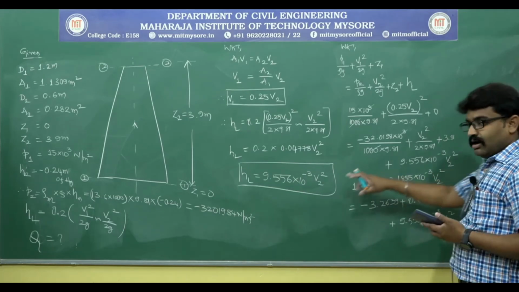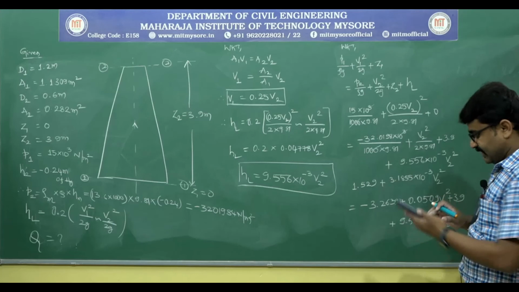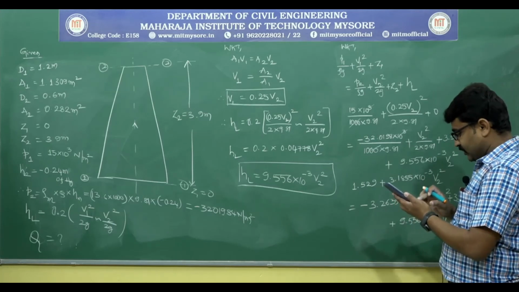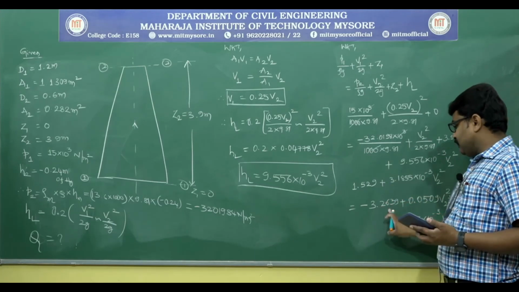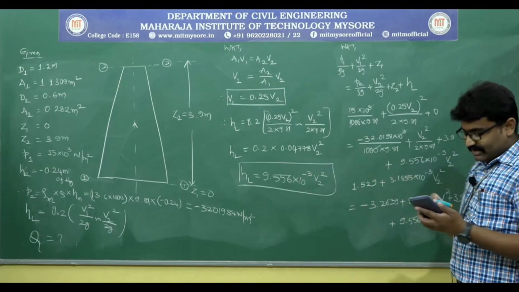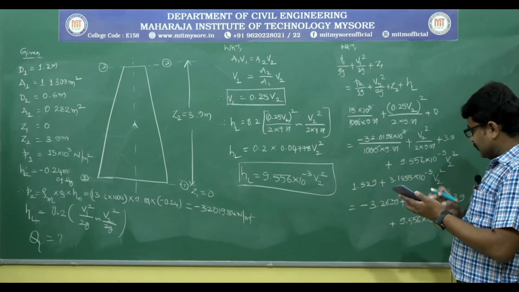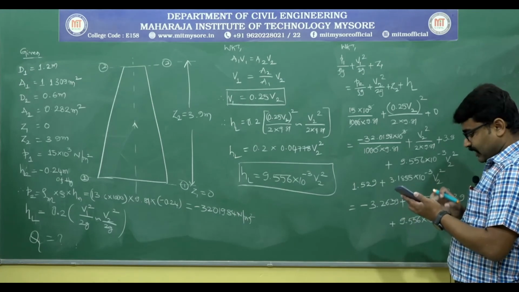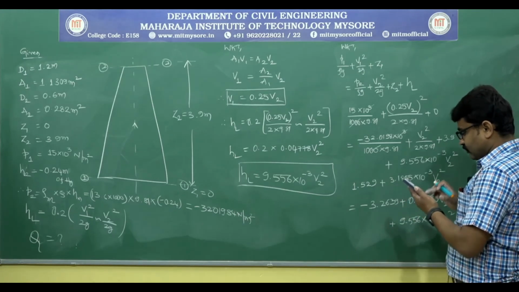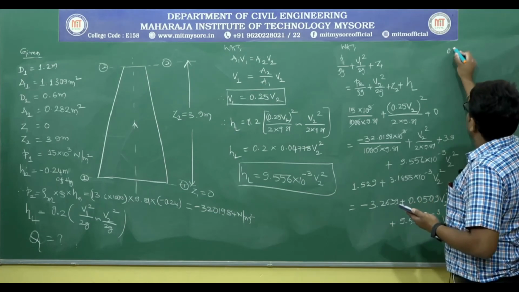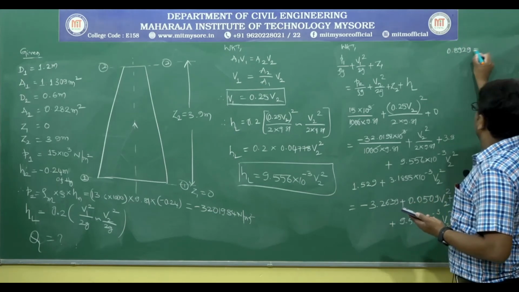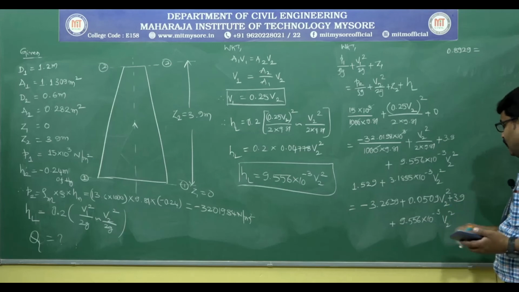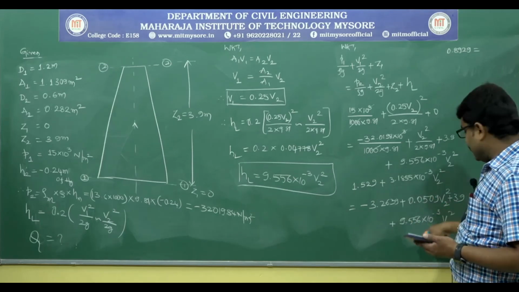Then, sending all the numerical values to the left hand side, 1.529 minus 3.2639, when you send it to the left hand side becomes plus 3.2639 minus 3.9, that is nothing but equal to 0.8929. This will have to be equal to, what are we having in the right hand side?